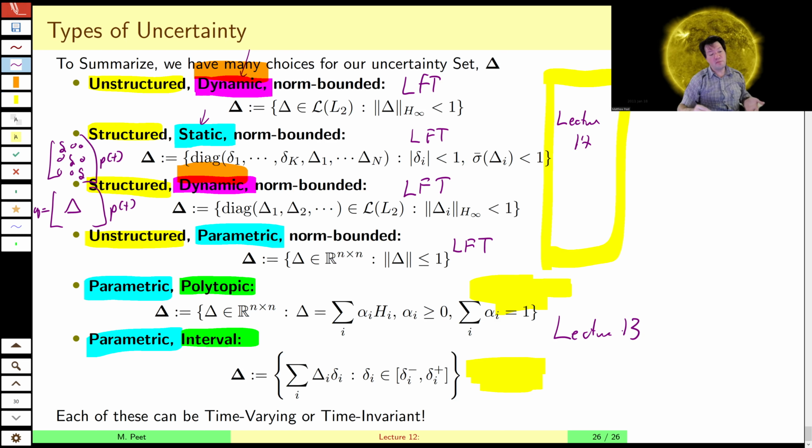We'll try and hit the main results for each of those cases, when we can design controllers, when it's not possible, and so on. So I hope you'll join me in our next lecture, where we consider these latter 2 cases, the polytopic and the interval parametric uncertainties, and then coming back in lecture 14, when we return to the LFT.